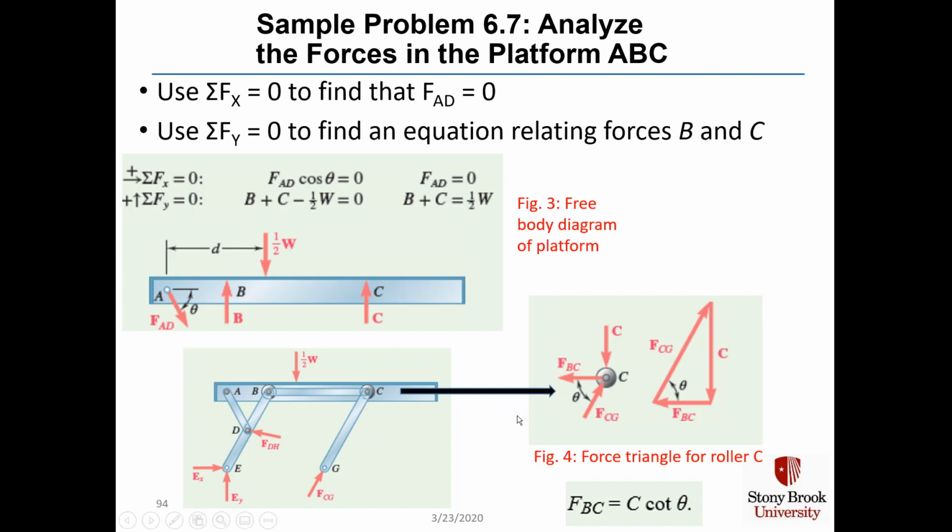We can also make a force triangle for roller C, where we show the angle theta, which is 60 degrees, and we've got force F_CG acting up and force C goes down on point C, and F sub BC acts to the left. And from this force triangle, we create a relationship between force F sub BC and force C that says that F sub BC is equal to C times the cotangent of theta, where theta is 60 degrees.